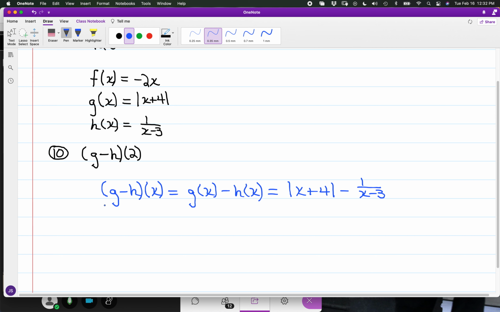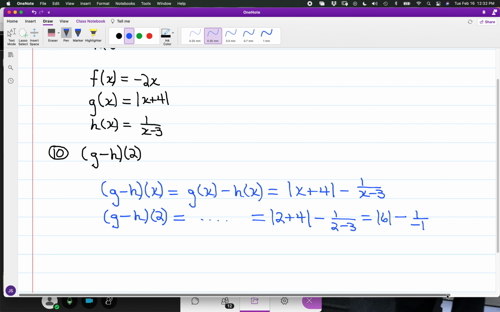And if I were to take the general case from this, so I would have for g minus h of 2, and for what I would have here, you have the general expression here, and so with x at 2, I have the absolute value of 2 plus 4 minus 1 over 2 minus 3, and we have 2 plus 4 is 6, and you have minus 1 over 2 minus 3, so you have minus 1 over negative 1.